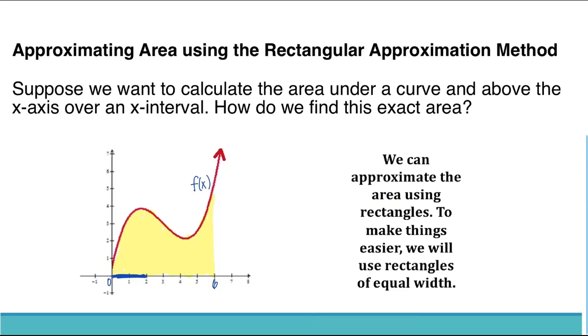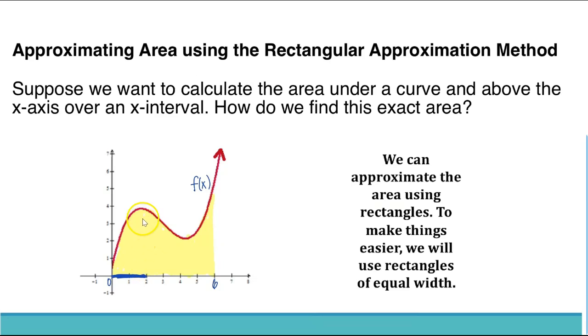And so now I need the height of this rectangle. And I'm going to have some different options. I can choose to define the height. So remember that I'm using these rectangles to approximate the area here. So let's go ahead and choose to use the right side x value to find a corresponding y value.